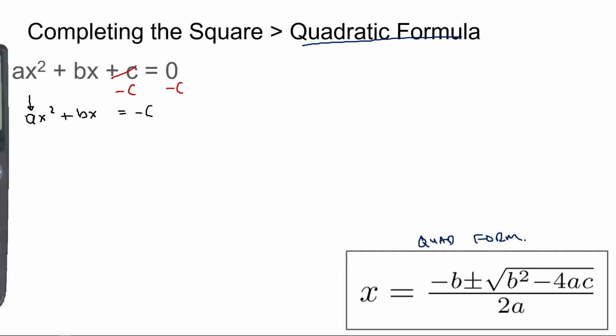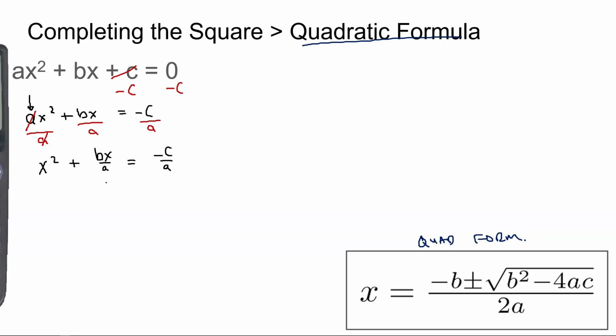Next up, I want to get rid of that a. So I'm going to divide everything by a here. Effectively, you're dividing both sides by a, but don't forget to get both of them. So I'm going to just put it under all of those like that. And that cancels that a right there, which is what I was endeavoring to do. So now I have x squared plus bx over a equals negative c over a.